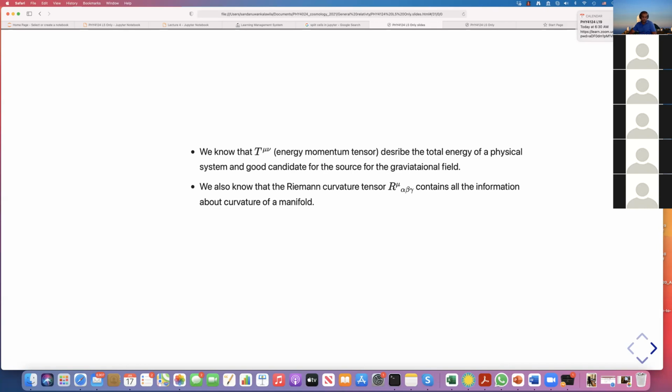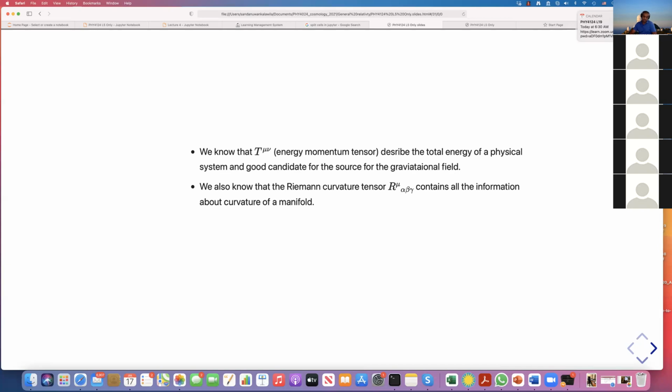However, the Riemannian curvature tensor that we talked about before, R mu alpha beta gamma, contains all the information about the curvature of a manifold. So maybe we can relate these two instead of the metric tensor.